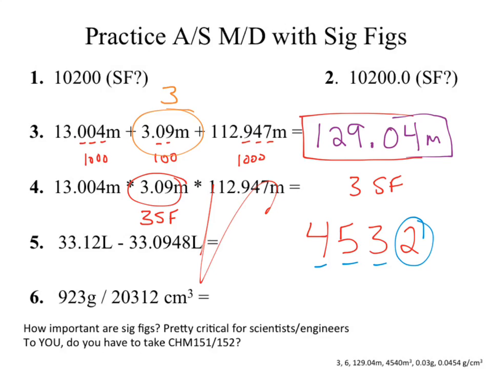This number is less than 5, so the digit disappears. I don't add anything to that 3, and the number I come up with is 4, 5, 3, placeholder. Make sense? All right. We need to go through the rest of the answers?